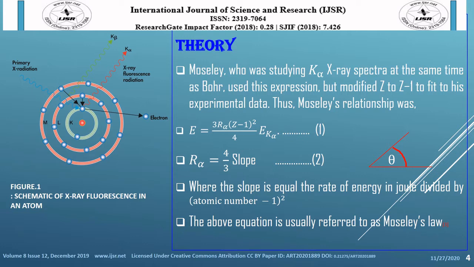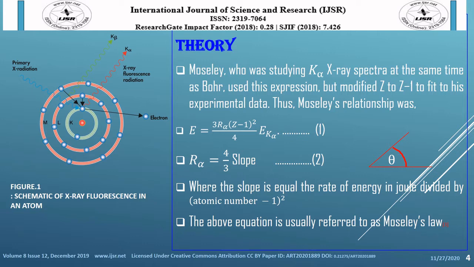This energy is equal to the difference between these two levels. Say that E K alpha, K alpha and K beta, it is the spectrum.